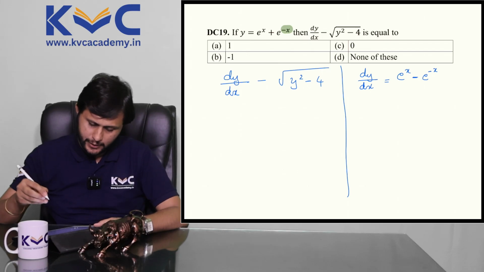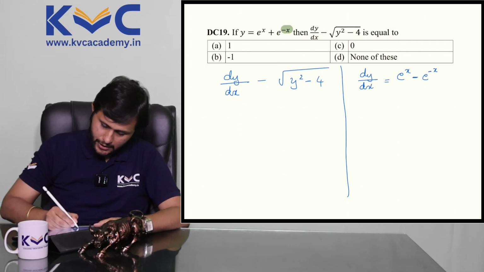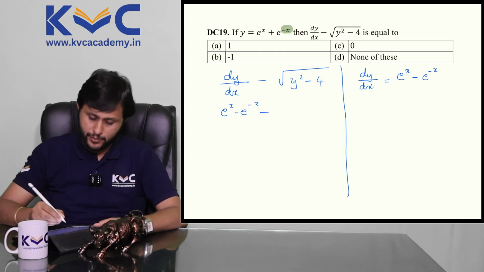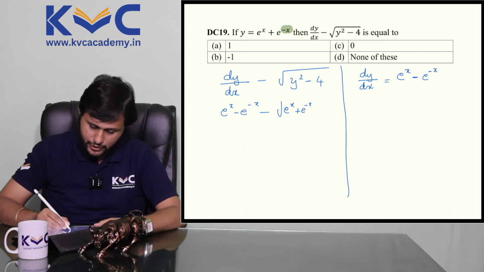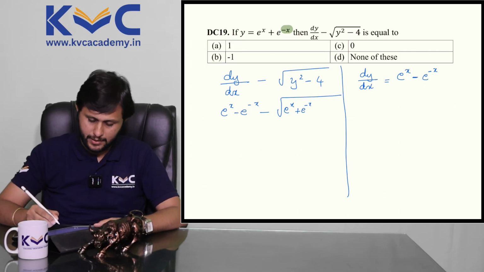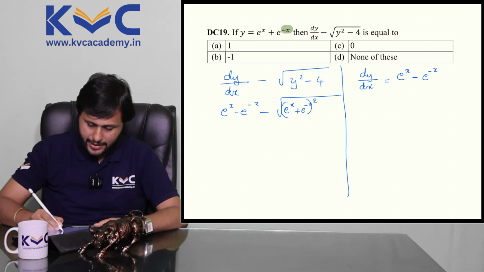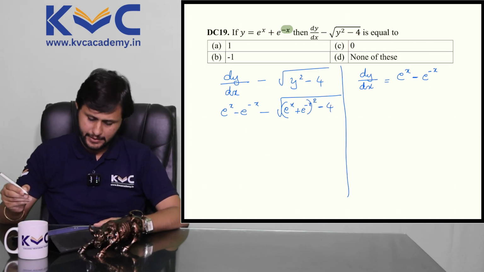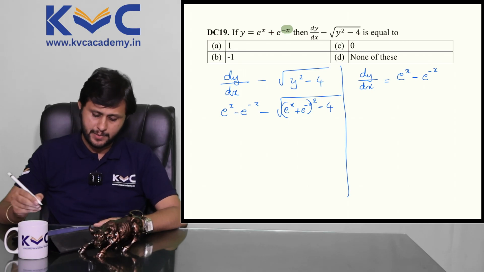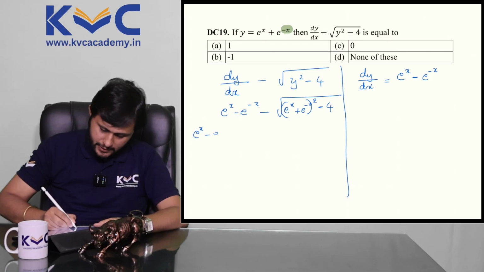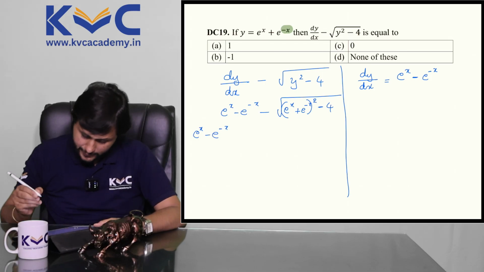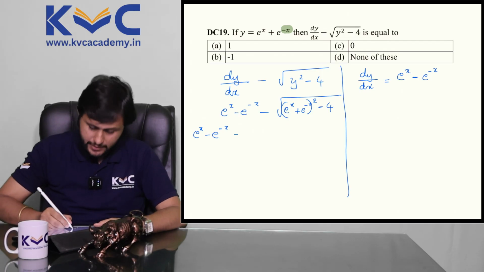Okay, now we need to find out dy by dx minus the square root. So I'll substitute e to the power x minus e to the power minus x minus. We have square root of y square. What is y? Y is e to the power x plus e to the power minus x. What is given in the question? This is y square. So we have to square this minus 4. Correct? Okay, where y is there, I substituted the given expression.